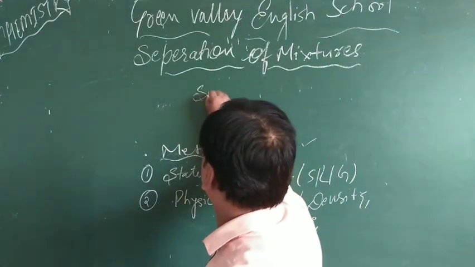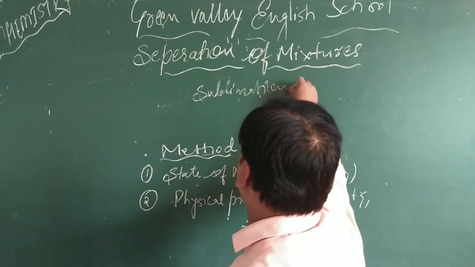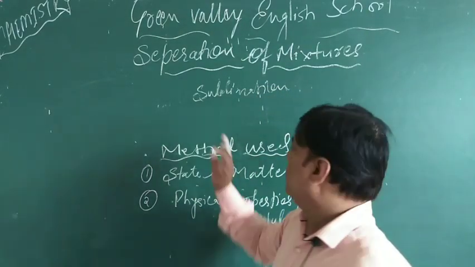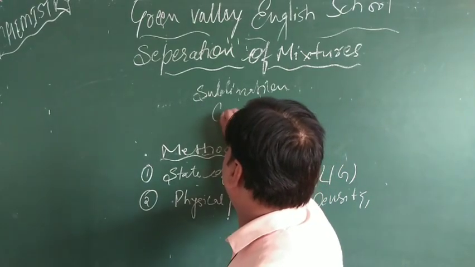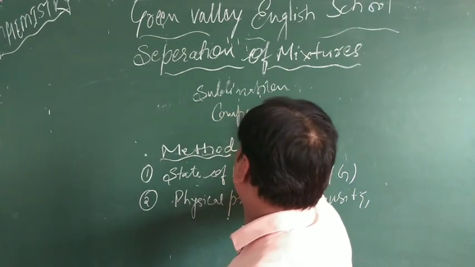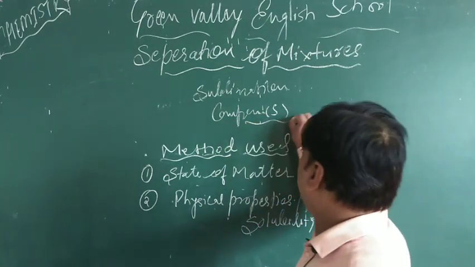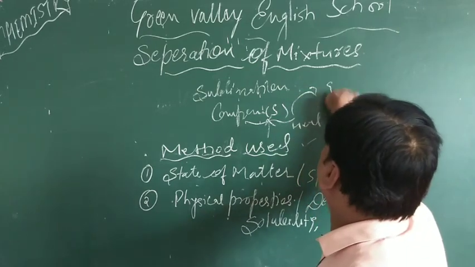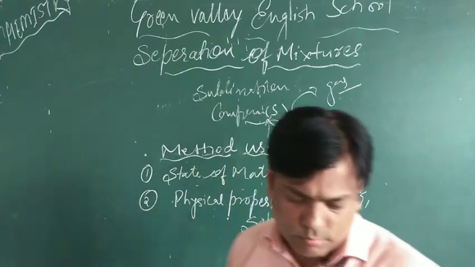Sublimation is that property of matter, like if we have camphor. Camphor is in solid state. When we apply heat on camphor, it directly converts into gas. That is sublimation.